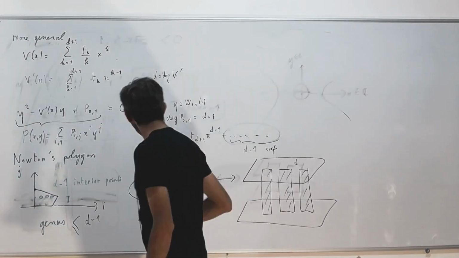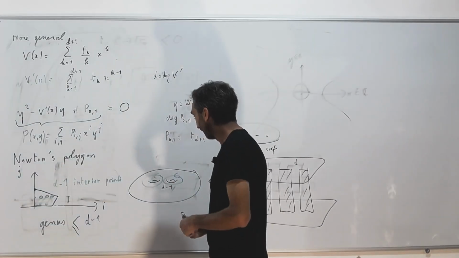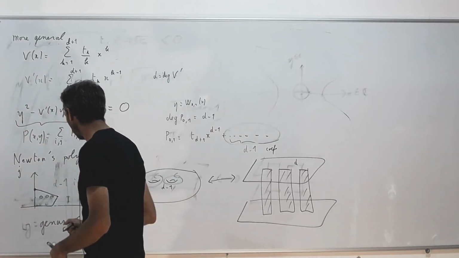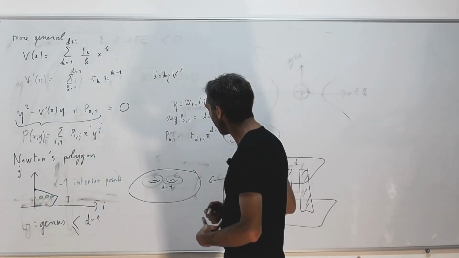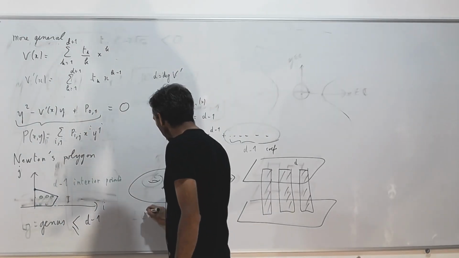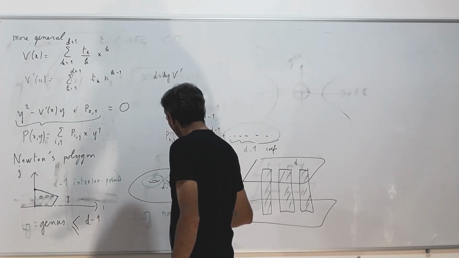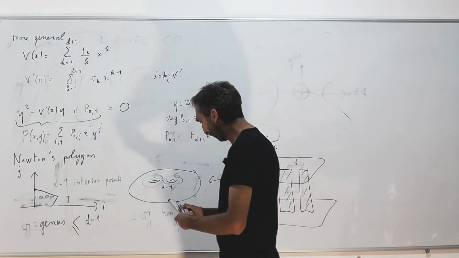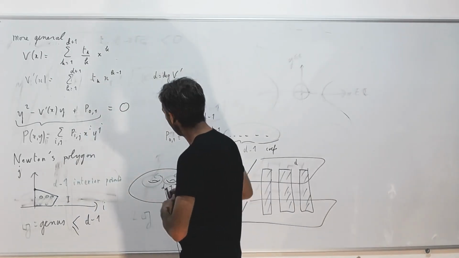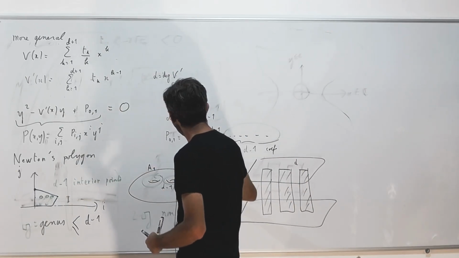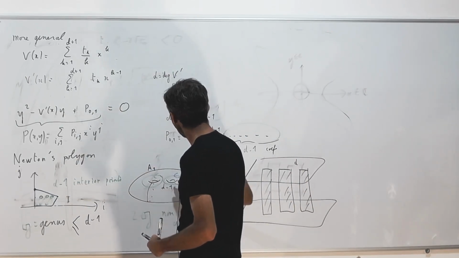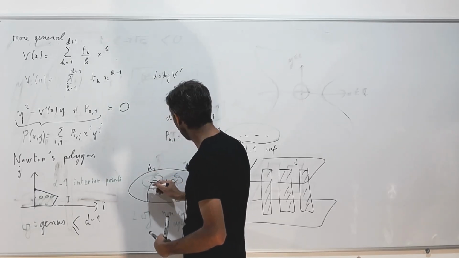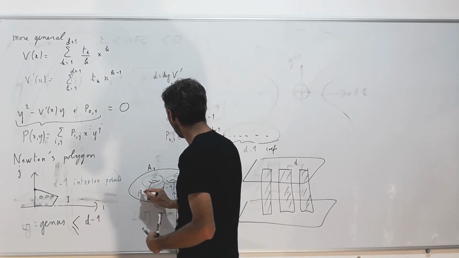I mean, typically, so let me call G the genus. On a genus G curve, you have 2 times G non-contractible cycles. And let's call them A1 up to AG, and let's take a symplectic basis with intersection B1 up to BG.